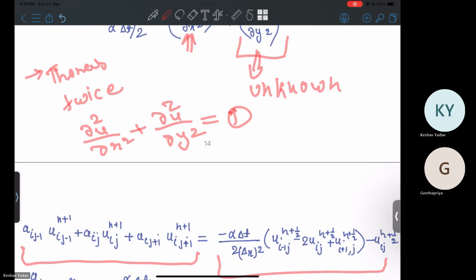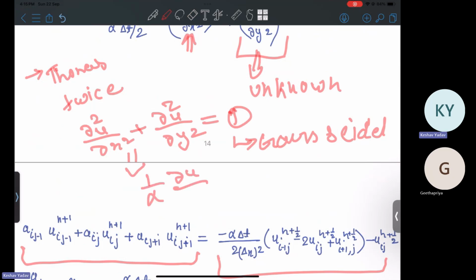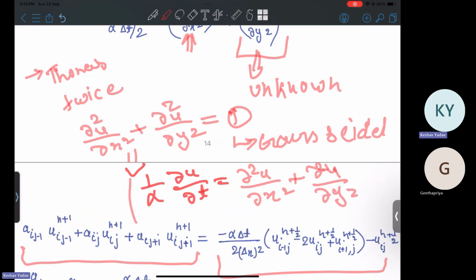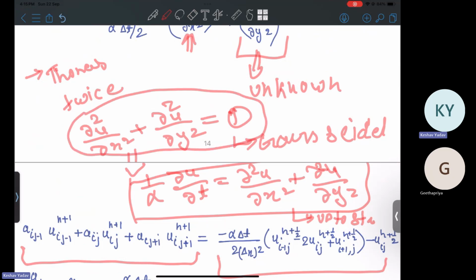This can be solved using Gauss-Seidel. We can also convert this equation into 1 upon alpha del u upon del t equal to del 2u upon del x square plus del 2u upon del y square. Then we solve this equation up to steady state. Whatever the solution of this equation at steady state, that will be the solution of this problem.